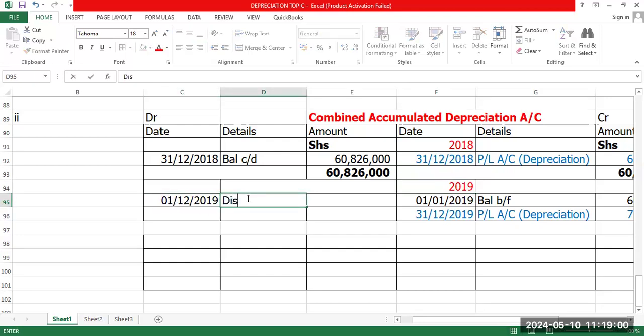The figure will go to the disposal account. So we are asking ourselves now, on this date, what was the accumulated depreciation? What was the total depreciation from the time you purchased the asset to the time you are disposing of it? Which asset are we disposing of? Grade G01.